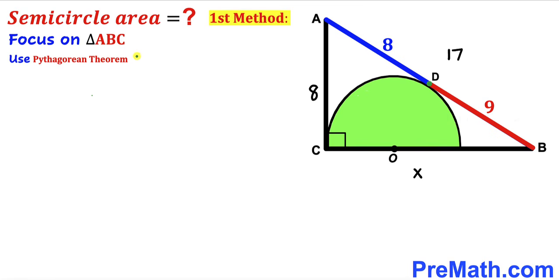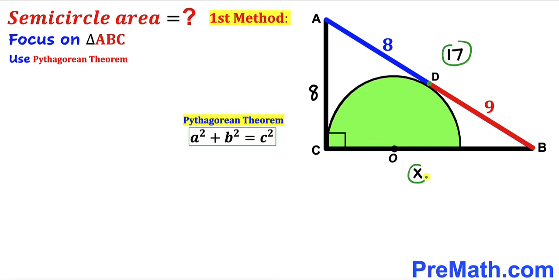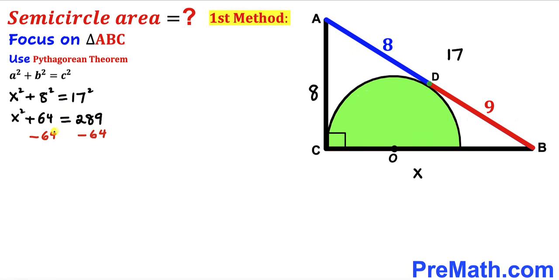So we are going to apply the Pythagorean theorem on this triangle. Here's our Pythagorean theorem: a square plus b square equal to c square. In our case, our hypotenuse is 17, whereas our two other legs are x and 8. Let's go ahead and fill in the blanks in this Pythagorean formula. So we got x square plus 8 square equal to 17 square. Now we are going to subtract 64 from both sides.